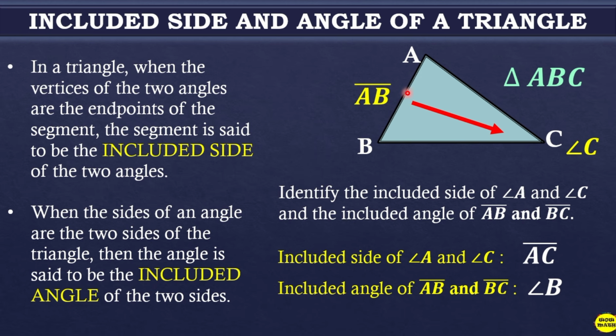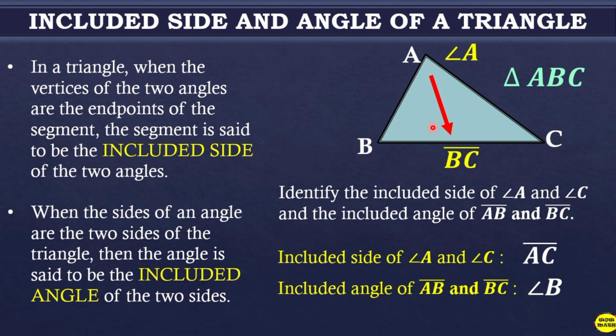So pag sinabing opposite, yung katapat. So yung katapat, the answer is angle C. Another, what is the opposite side naman? What is the opposite side of angle A? So this is your angle A. Anong opposite side niya? Okay, segment BC. Okay, so that is the idea of opposite side and opposite angles. Included side and included angle.